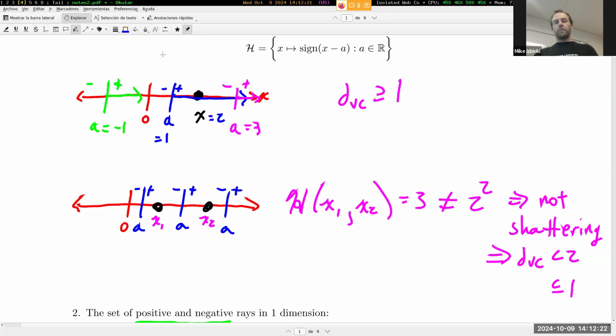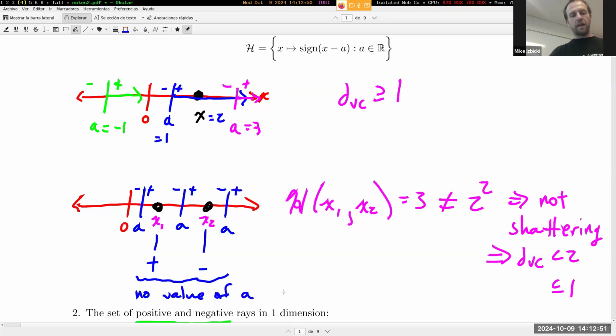That is enough of an argument right there, but we can further say what is the actual arrangement, what is the actual dichotomy that we cannot achieve with this situation, and that is if we have x1 being labeled as a positive and x2 being negative, then there is no way for us, no value of A can achieve this particular labeling.